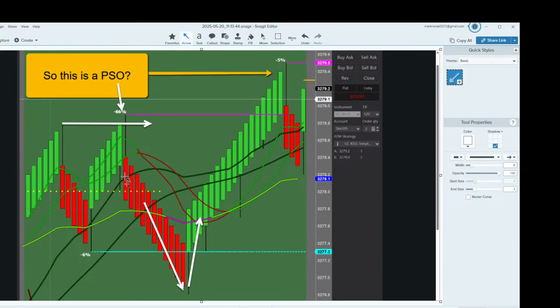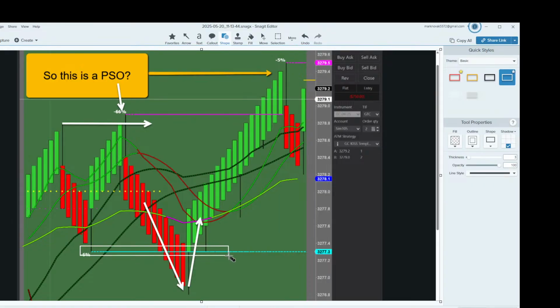So if you're thinking, I want to go long at the mid band, that little pivot stop out, that pattern right there says, you know what? I'm going to be patient because they're likely to take out this spot. I'll wait for it to get back above that spot, create the pivot stop out below. There's a perfect example of it if you were going to use it for entry. Does that make sense? That one didn't have divergence, but it's still a pivot stop out. They go up and back down.